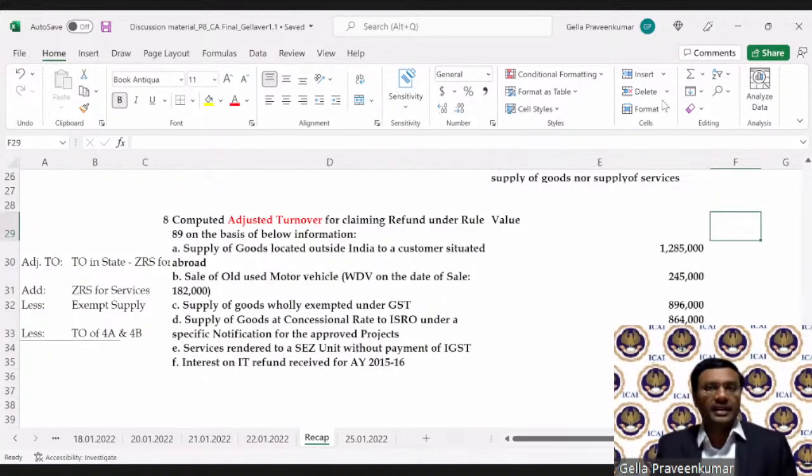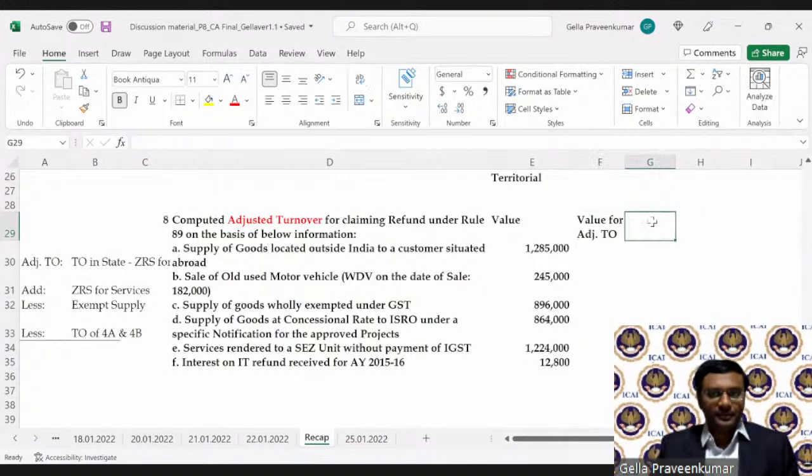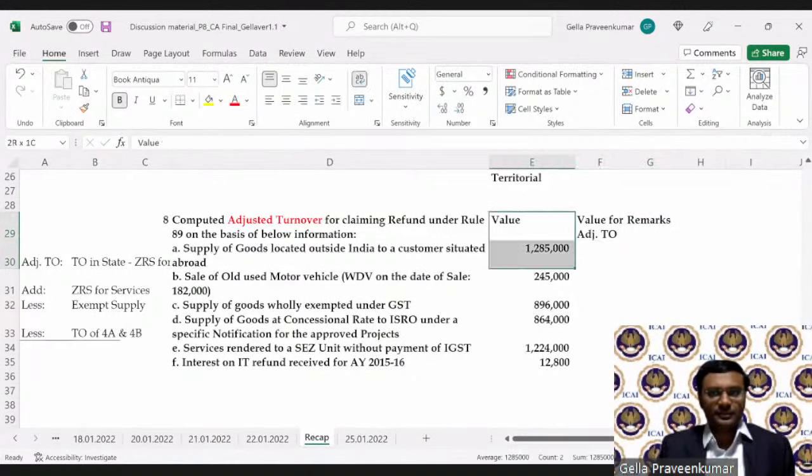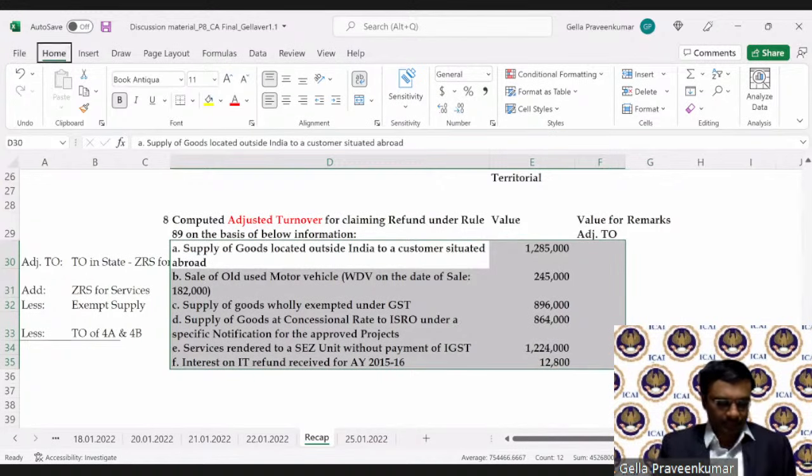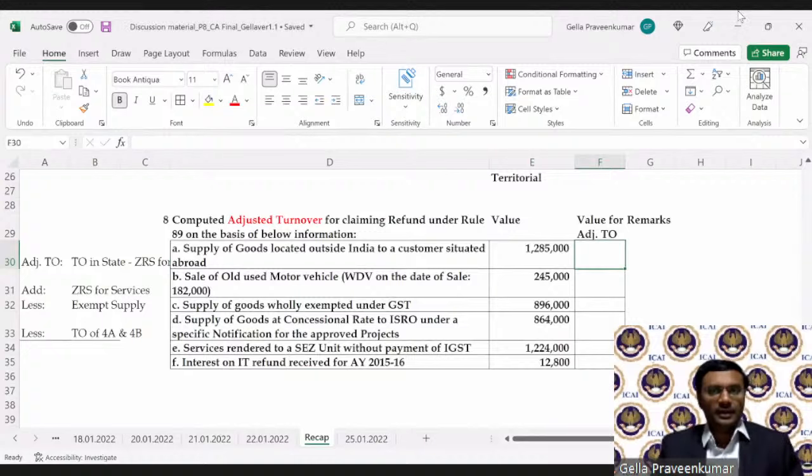Others, please do the calculation for this question number 8 and quickly give your answers. I'll wait for another 30 seconds.